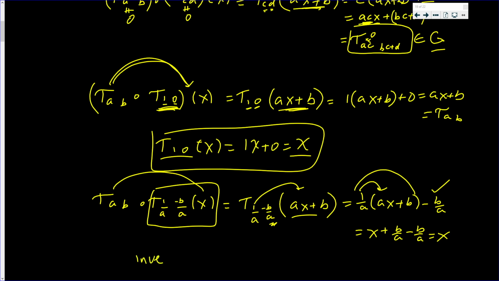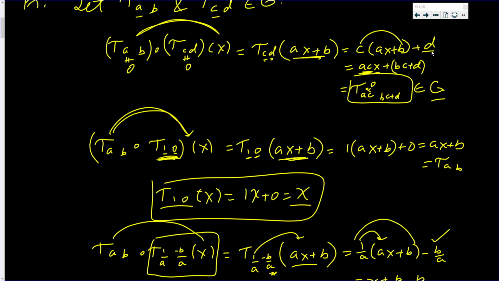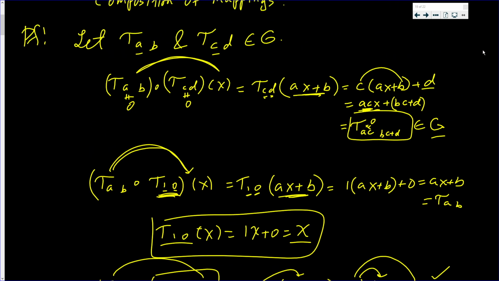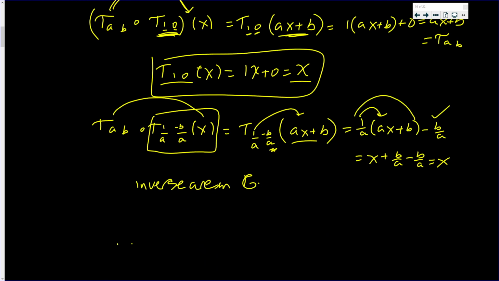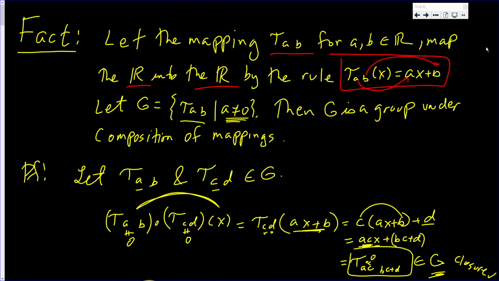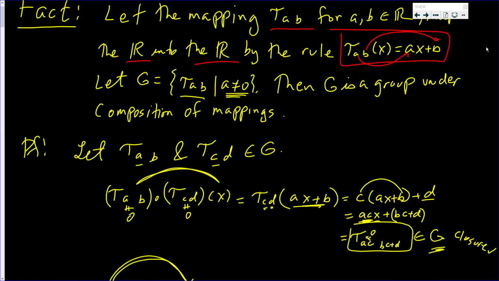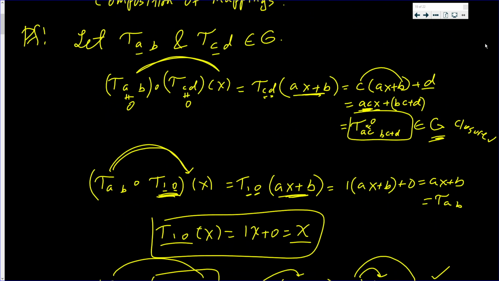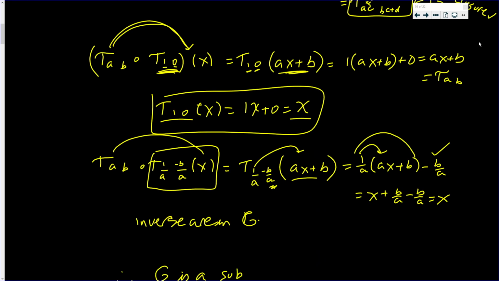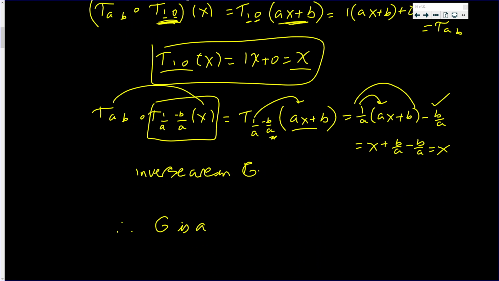So inverses are in G. And we also showed that G was closed. We showed it right there. So we have closure, we have inverses, therefore G is a subgroup. G is a, does it say group? Yeah, G is a group.